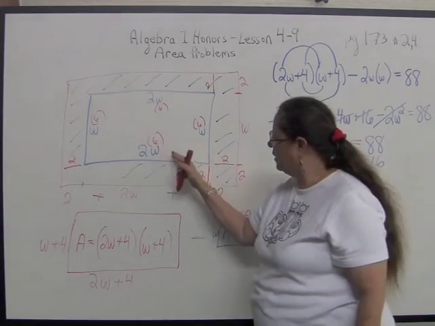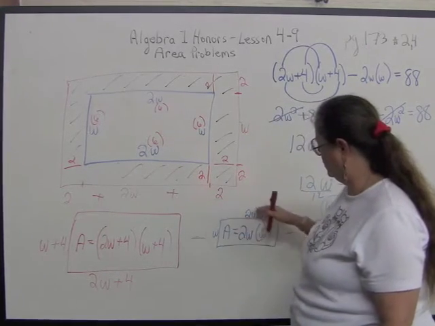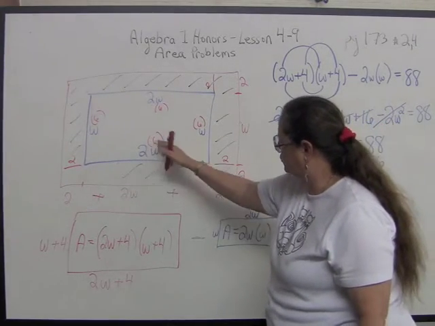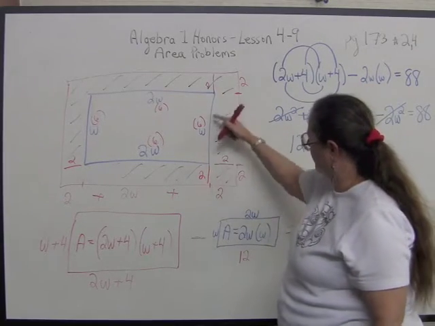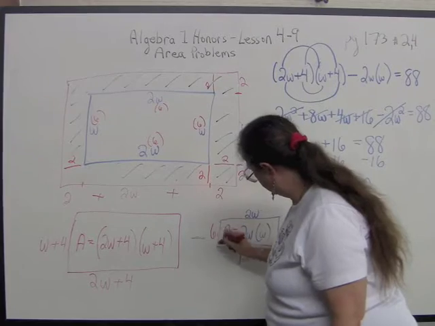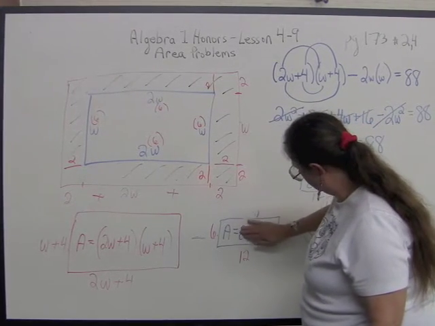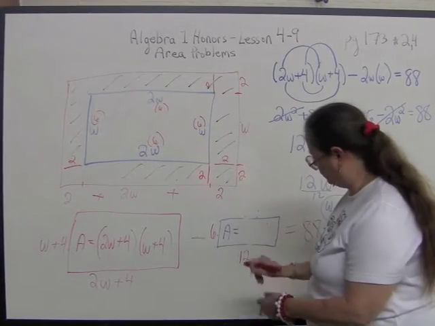So 2 times 6, that means that our blue rectangle here is going to be 12 meters long and 6 meters wide. So its area is going to be 12 times 6, or 72.